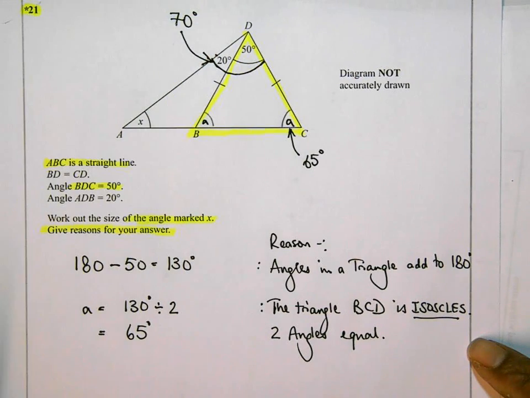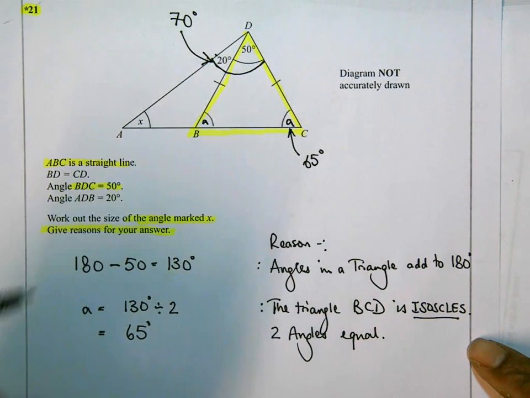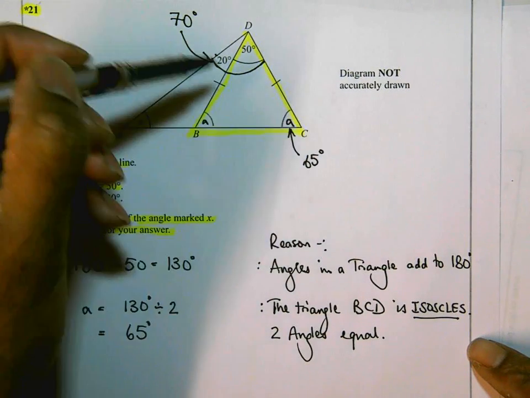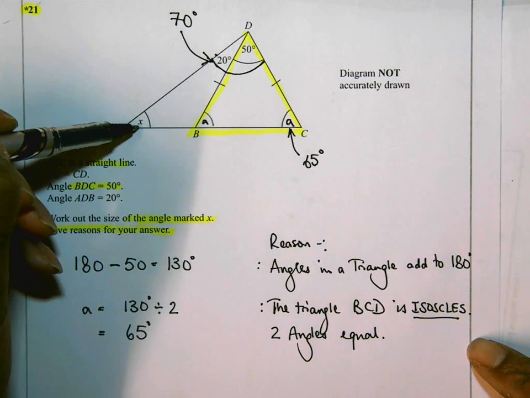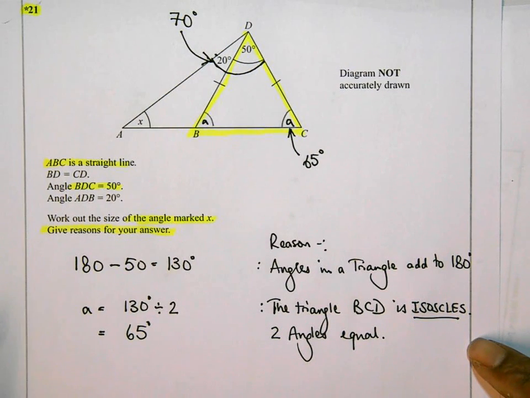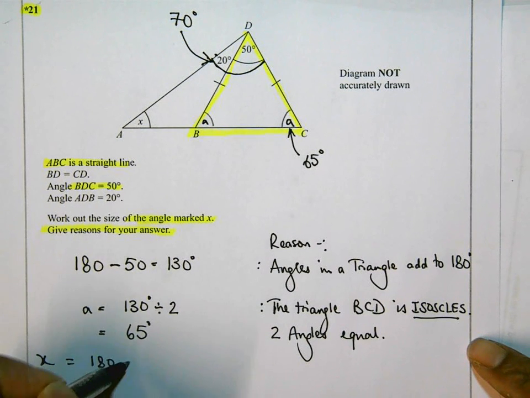So what I've got now is 65 degrees, 70 degrees, and X in this triangle. I need to work out the missing angle. So X is going to be 180 take away 70 take away 65.